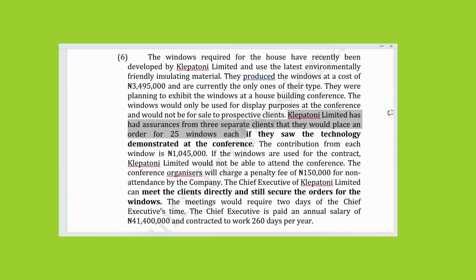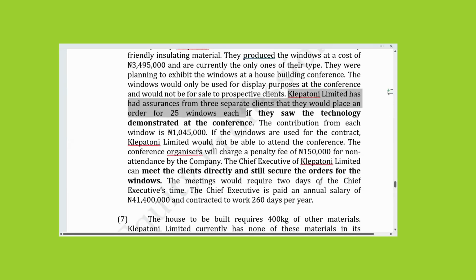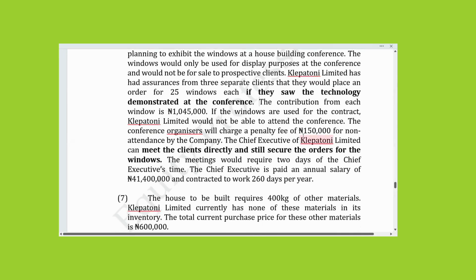However, we need to establish from this paragraph, is the company going to attend the conference? No. The company will not attend the conference. Why? Because they are working on this project, so they cannot attend. The examiner did not tell you they are going to attend. However, if the company fails to attend the conference, there will be a penalty fee of 150,000 naira. That is relevant. We need to consider that.